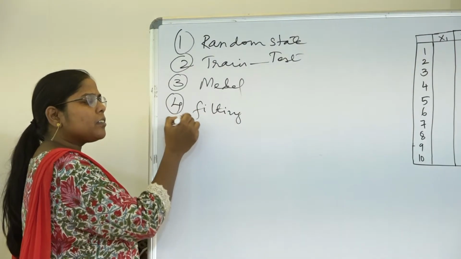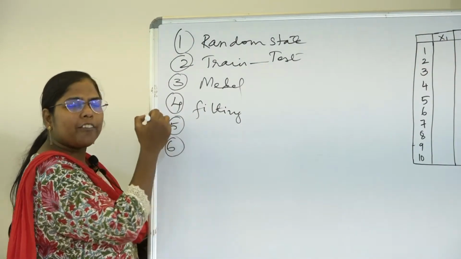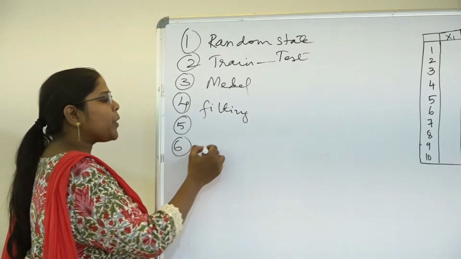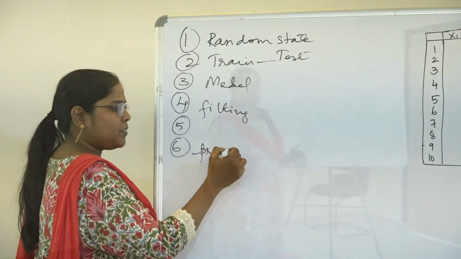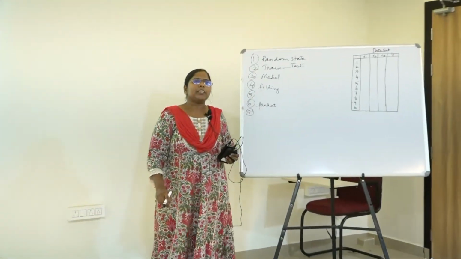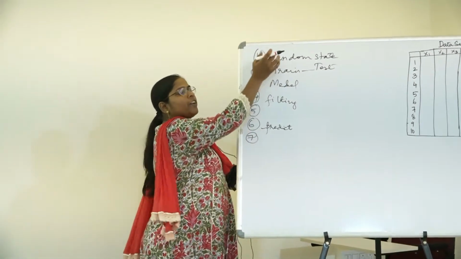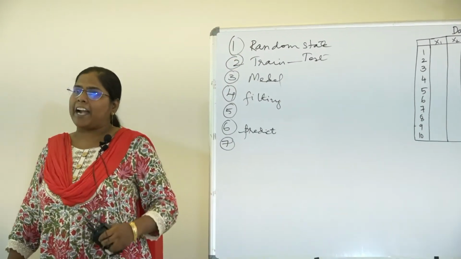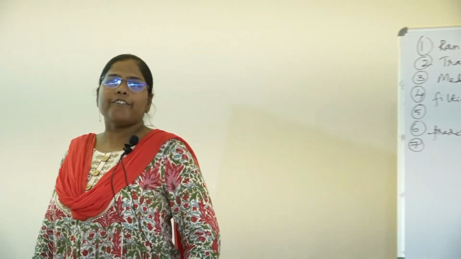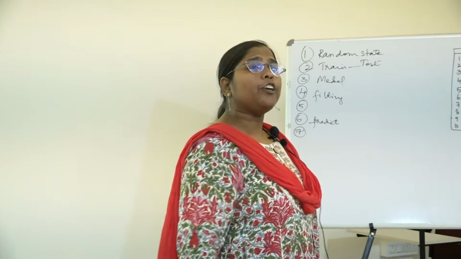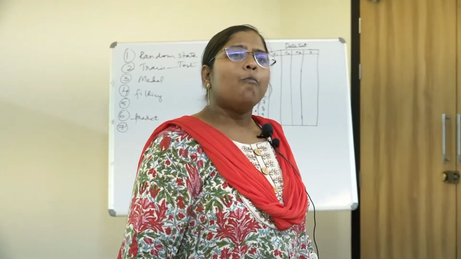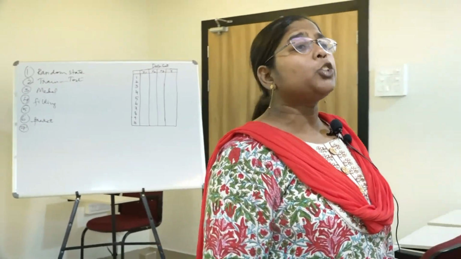Next, what we have done? We have predicted. So we have declared the random state, we have split the data, and the third thing, we model the data. Modeling can be done based on the algorithm.